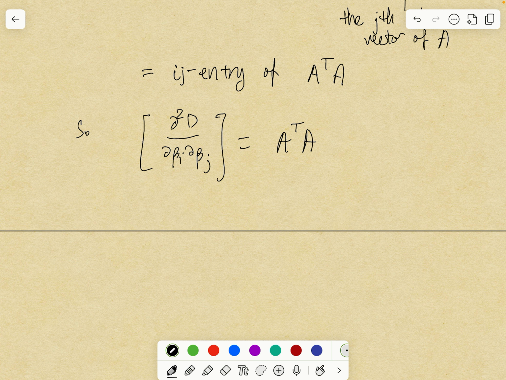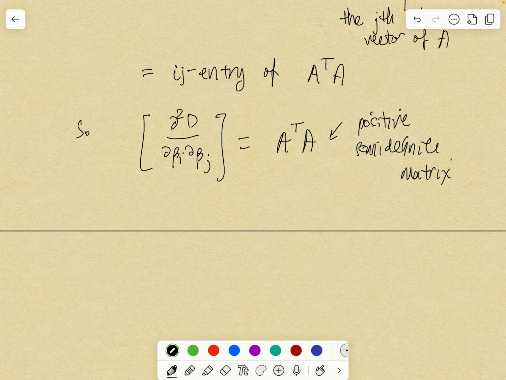So how do I know that I have a local minimum? I need all the eigenvalues to be positive. Now it's possible that some of the eigenvalues are 0, but the point is that this is a positive semi-definite matrix. Right?